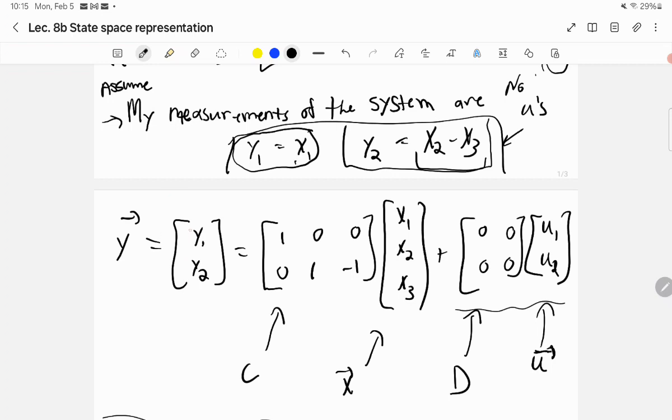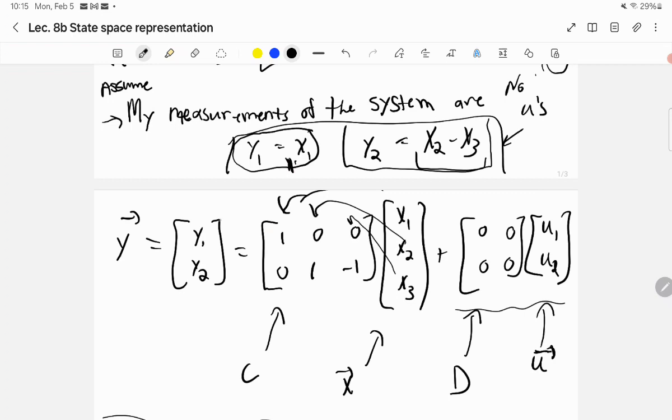Obviously, the output vector is going to be y1, y2 because I'm measuring those two places, and then I'm going to have this matrix C. Notice that if I do x1 times the first column plus x2 times the second column plus x3 times the third column, my y1 here ends up being x1, which is what I wanted, right?